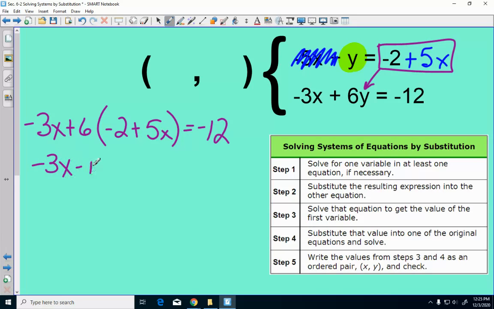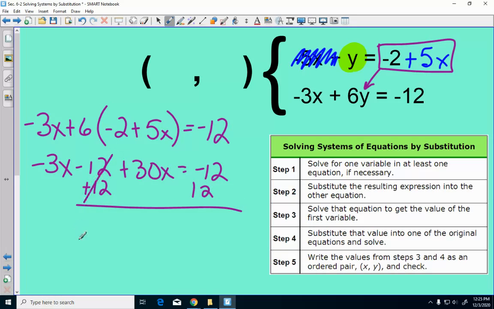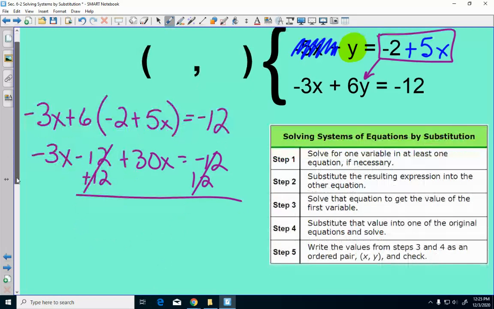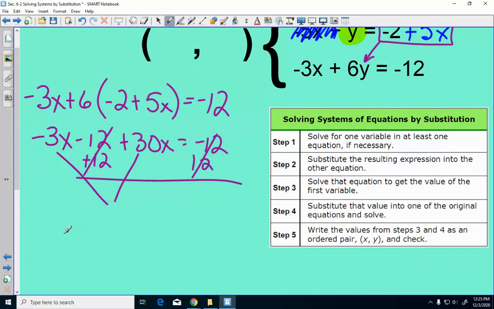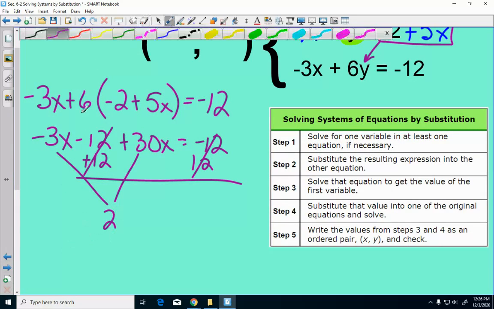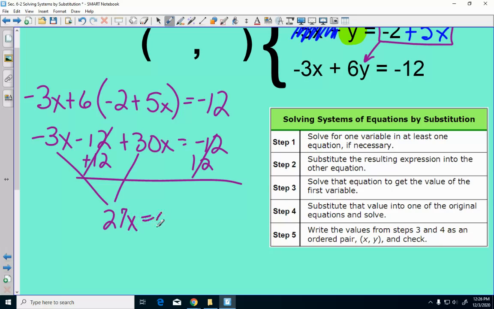So negative 3x minus 12 plus 30x equals negative 12. If you add 12 to both sides, they both cancel. My like terms right there give me 27x equals 0.